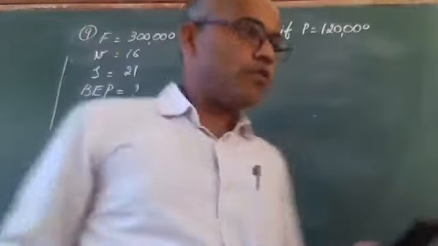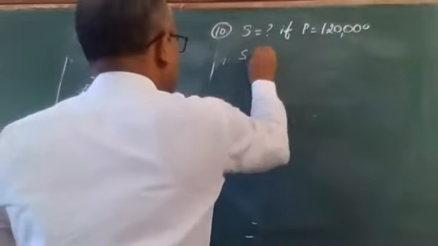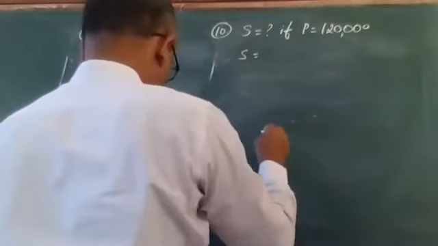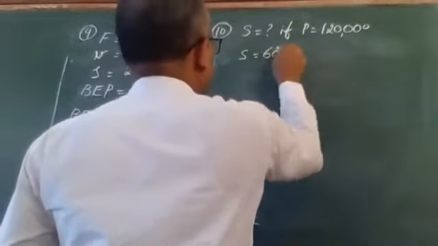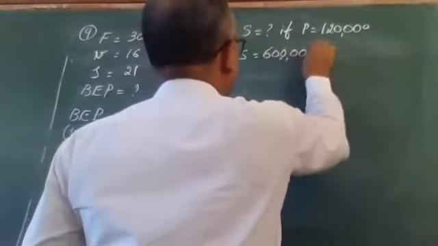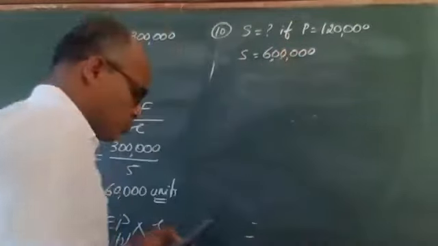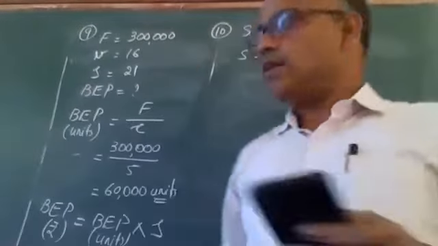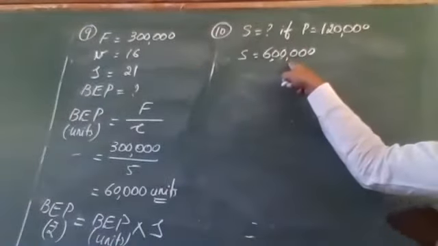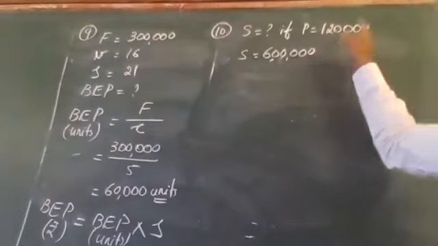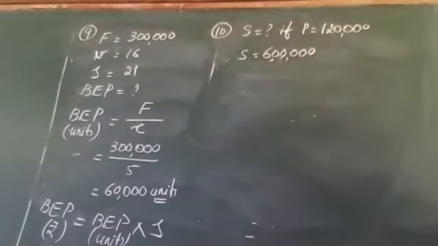Below that, you are given sales again. Sales is equal to how much? 6 lakhs, right? Now my question to you, if I sell 6 lakh rupees, can I get 1,20,000 profit? Apply logic, not management accounting knowledge.